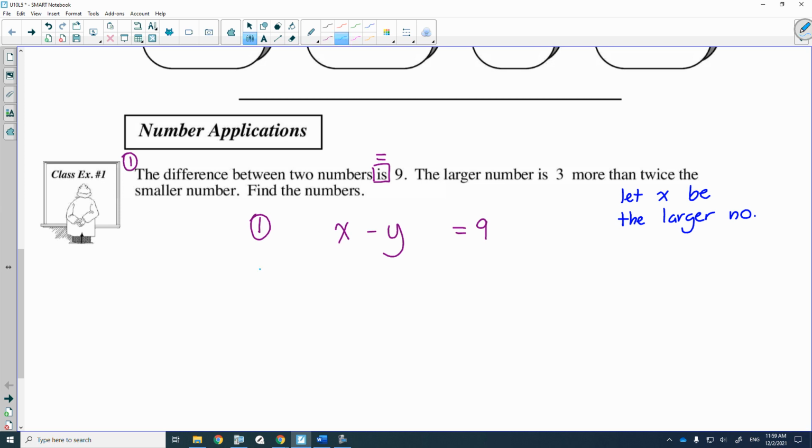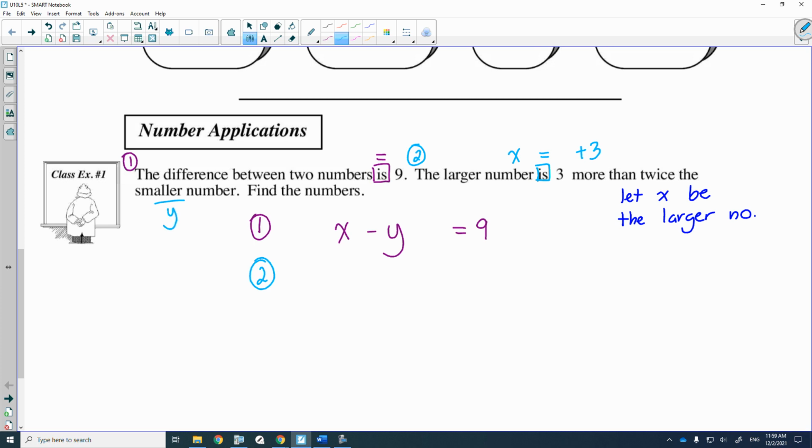Remember, we always need two systems though. So there's going to be a second equation, and that's going to be from the second sentence. It says the larger number is. So I'm going to put this in a box. That's equals. What did I say the larger number was? Was it the x or the y? X. So the larger number is 3 more. 3 more means plus 3. Okay, then twice the smaller number.